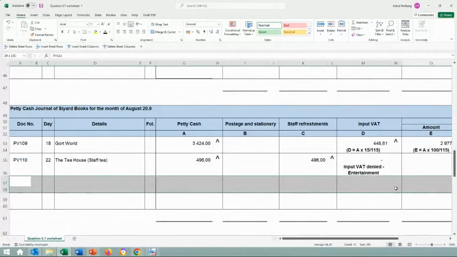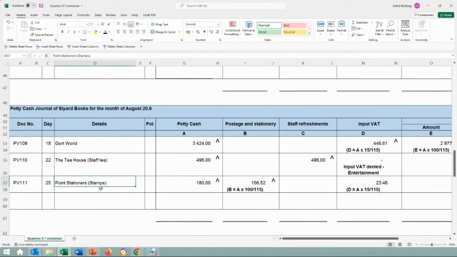So how you would disclose it in here is Point Stationery, stamps, 180 Rand. Because of the fact that we can claim input VAT, we claim the input VAT of 23.48, and then it's 156 Rand and 52 cents.